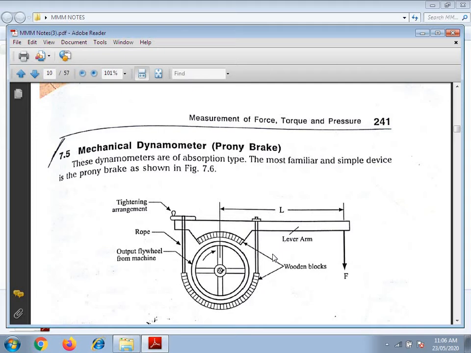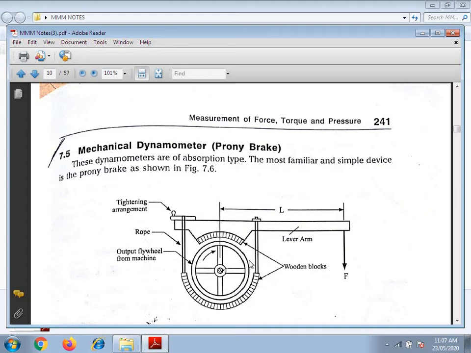Two wooden blocks are mounted diametrically opposite on the flywheel attached to the rotating shaft whose power has to be measured.